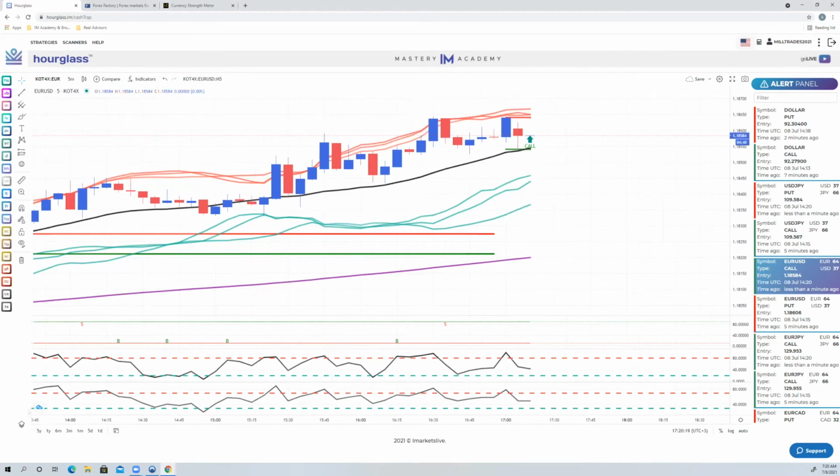Hourglass is saying 584 and below. Came down to 585. Is anyone in this?